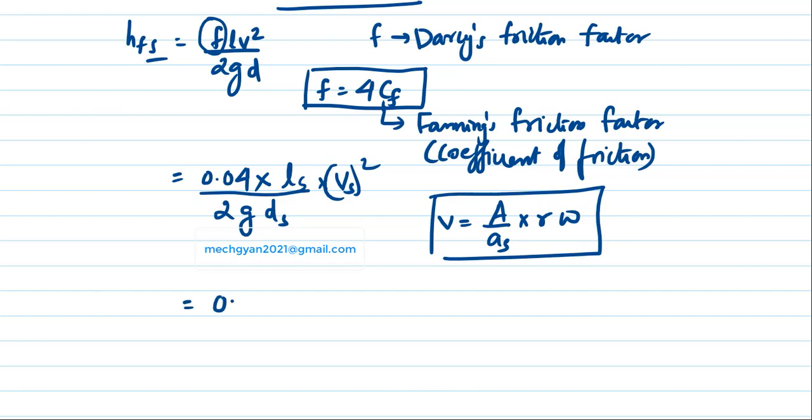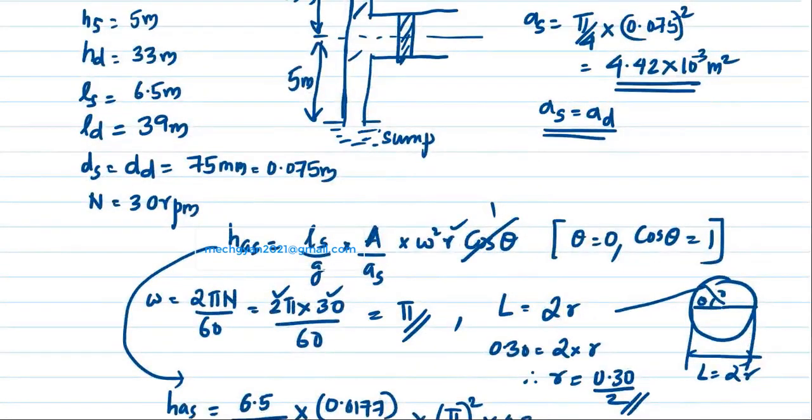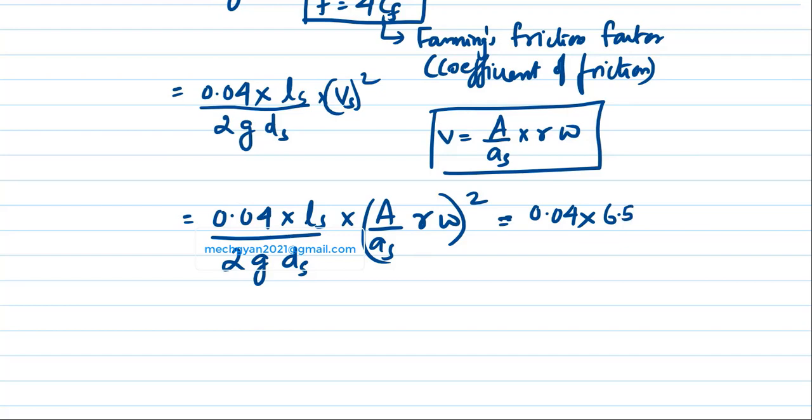That is 0.04 into LS into A by AS R omega whole square by 2GDS. Now substituting: 0.04 into length of the suction pipe, which was 6.5 meter, by 2 into 9.81 into diameter of suction pipe. The diameters of both are the same, 0.075.